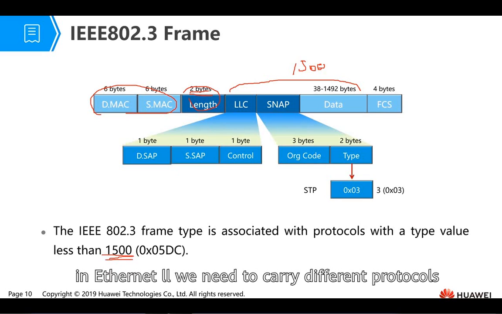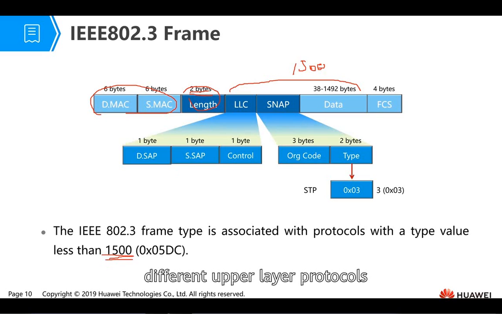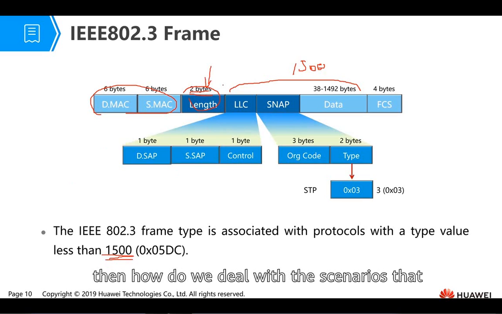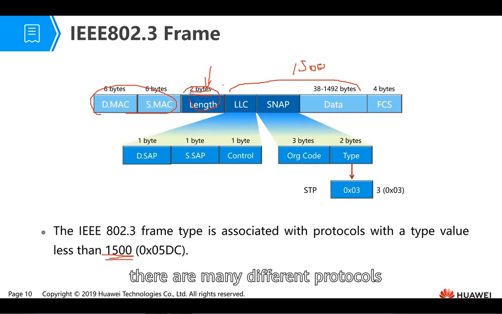Of course, in Ether2, we need to carry different upper layer protocols, so there's a type field in the frame. But now this field is replaced by the length. Then how do we deal with the scenario where there are many different upper layer protocols? So the IEEE uses a sublayer.